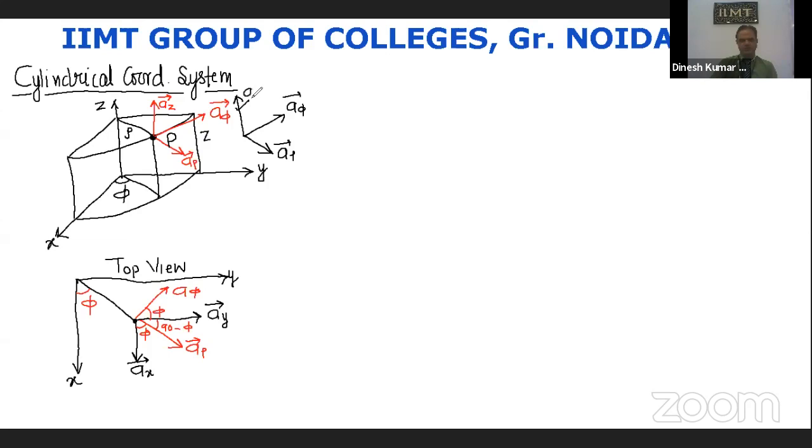So this will be the direction of unit vector az. All these three unit vectors are mutually perpendicular to each other, as was the case in the rectangular coordinate system also. Because of this, all the properties of the dot product as well as the cross product are applicable here also. Let us see them one by one.